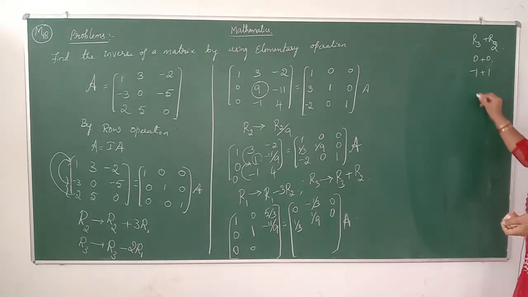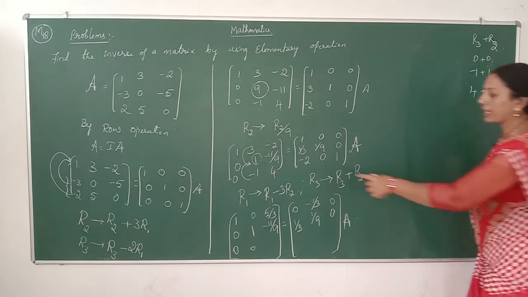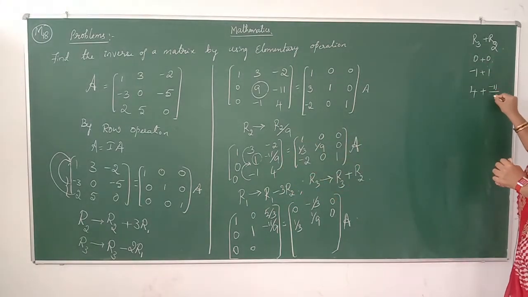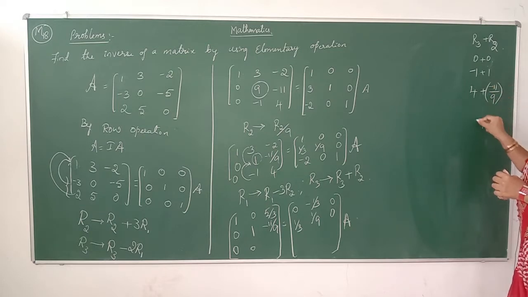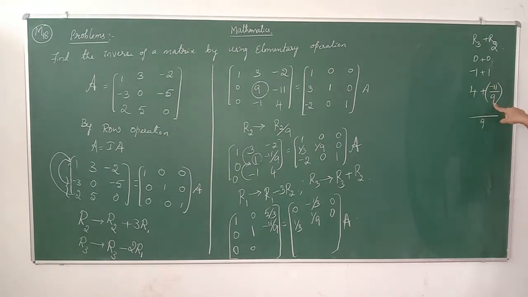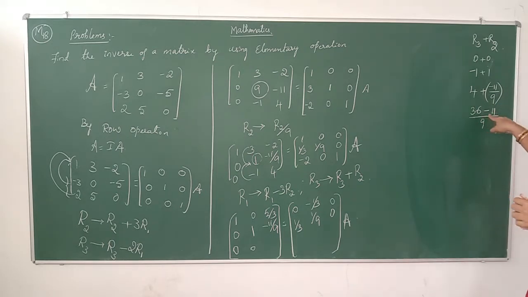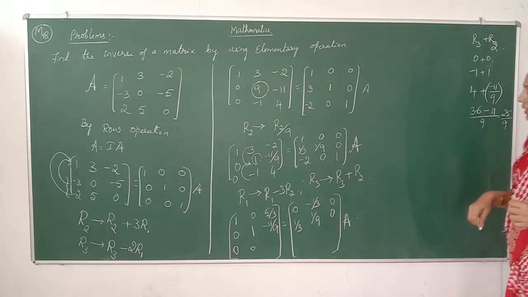The last element R3 is 4 plus the corresponding element of R2, which is minus 11 divided by 9. So taking the LCM, 9 is the LCM. 9 into 4, plus into minus is minus 11. So 36 minus 11 is 25 divided by 9.